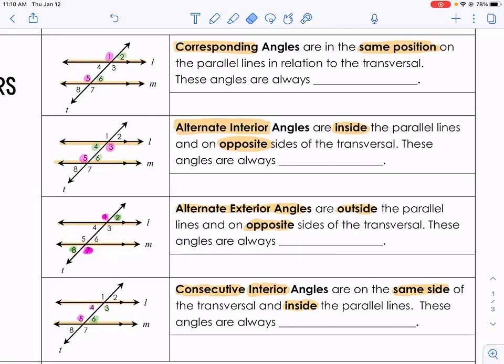Page 7. Okay. So in that activity, in problems 1, 2, and 3, you did some work with angles 1 and 5, with angles 4 and 8. Those were corresponding angles. Brady, what did it seem like was happening with our corresponding angles for number 3?